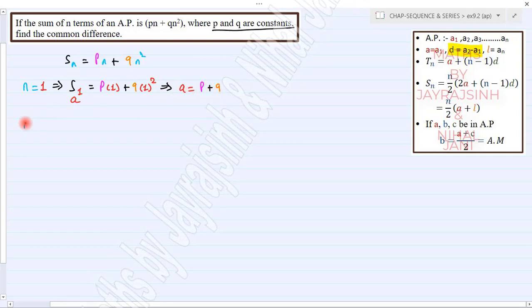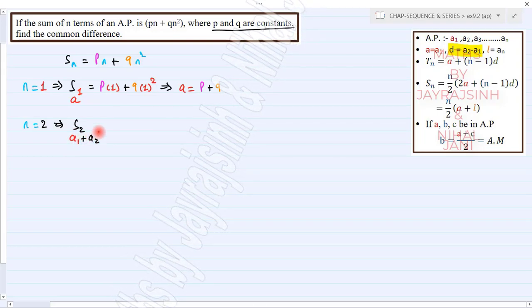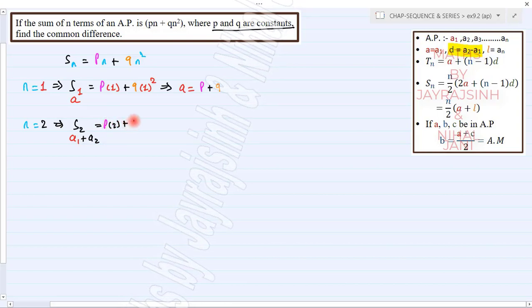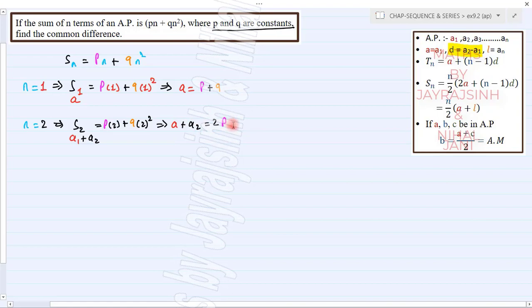Now, if we take n is equal to 2, then we will get s2, which is the summation of the first and second term. So we will get p into 2 plus q into 2 square. So we will get a1 plus a2 is equal to 2 times p plus 4 times q.